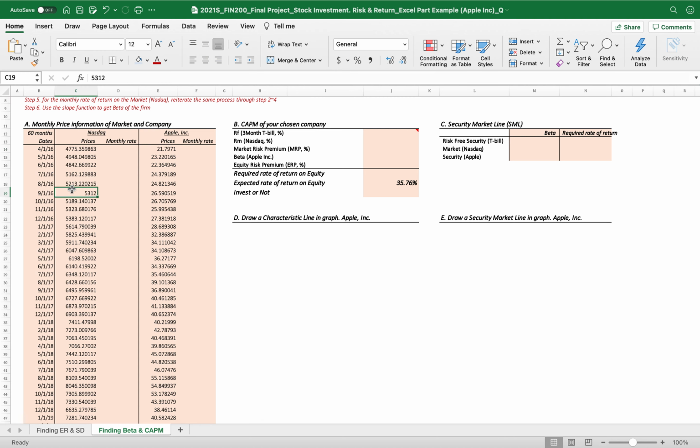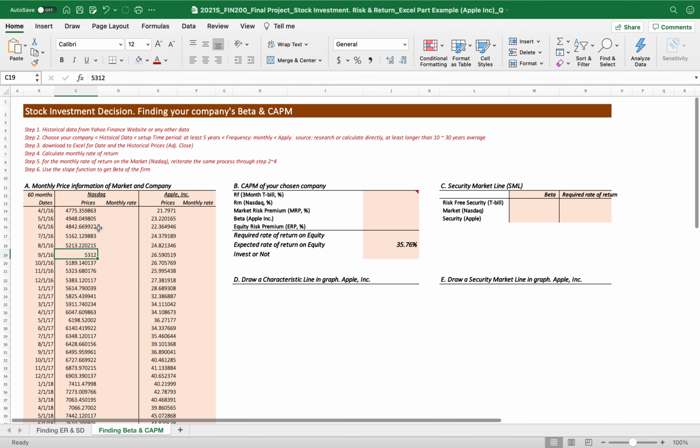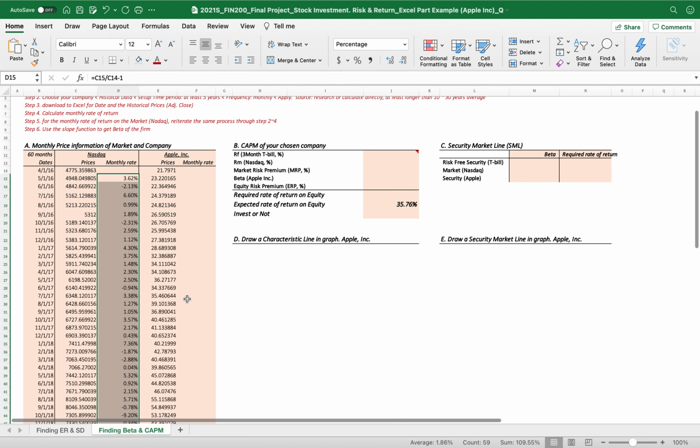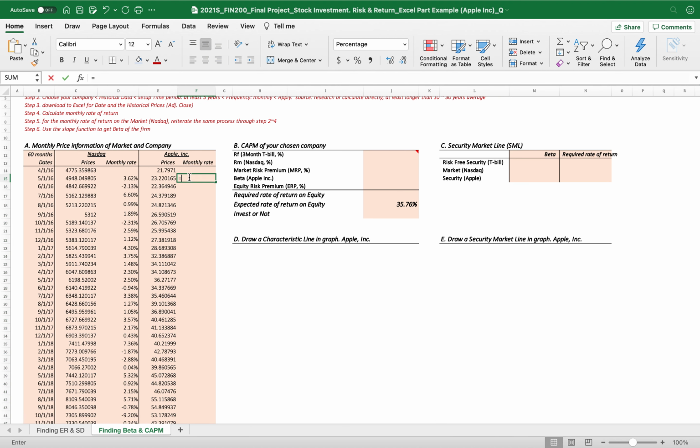So we got the prices. Now we calculate the monthly rate: the recent one divided by the old one, minus 1, we get the percentage. So we got this monthly holding period rate of return.